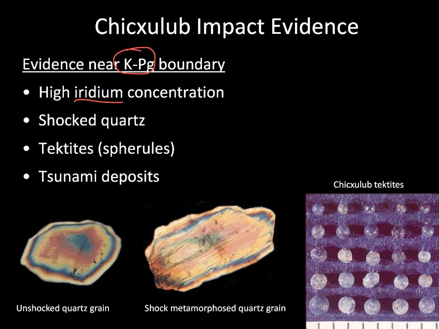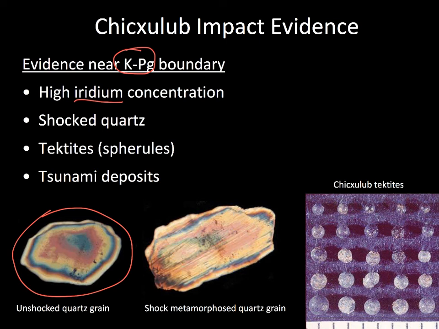Second piece of evidence in the KT boundary is quartz that has shock lamellae on it. A normal quartz grain under polarized light looks like this over here on the left. It doesn't have any type of striations. In areas that have been associated with very high energetic events like nuclear blasts and other types of things, what happens to the quartz grains and the rocks in those areas is they get shocked.